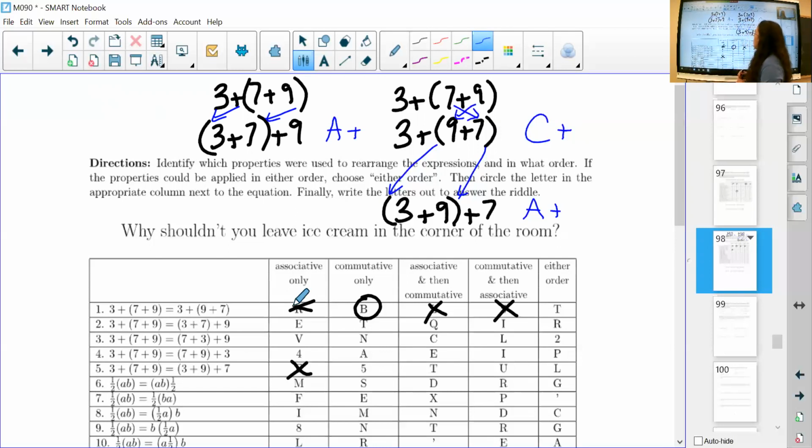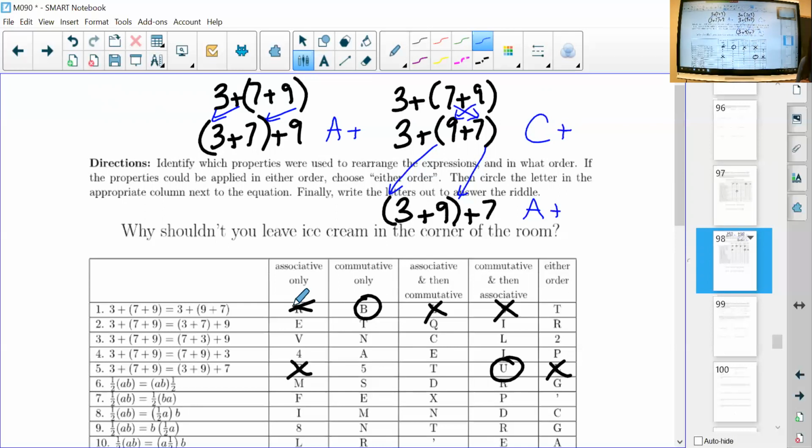So the commutative property does not allow you to swap one thing in parentheses with something outside of parentheses. They either both have to be inside together or both outside together. So I cannot do either order, which means I had to do it this way: commutative of addition, associative of addition. And there I have it.